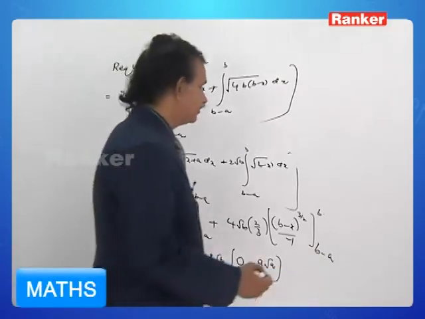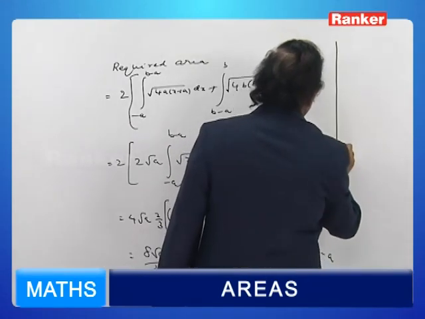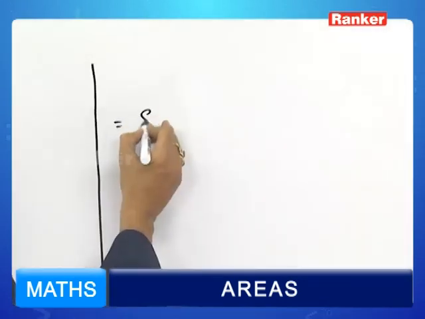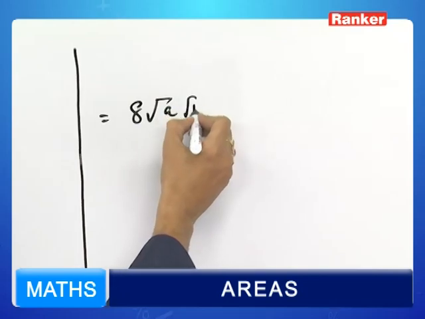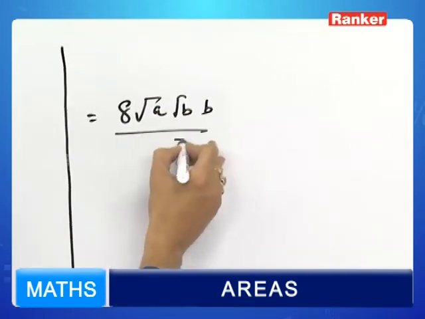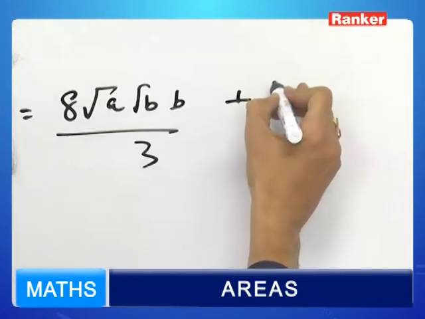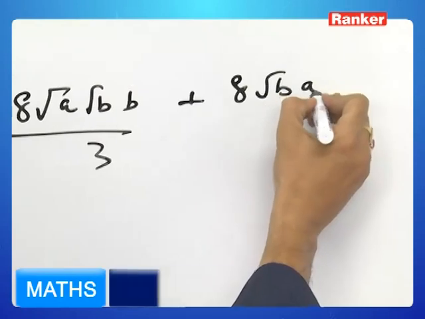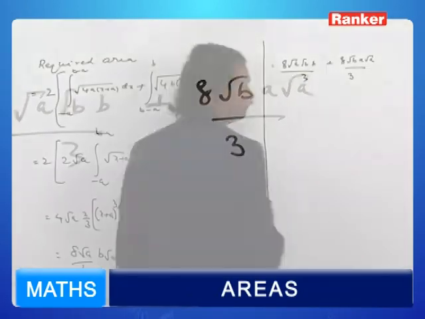You can get as a common factor. Eight root a root b into b by 3 minus of minus plus 8 root b into a root a by 3.